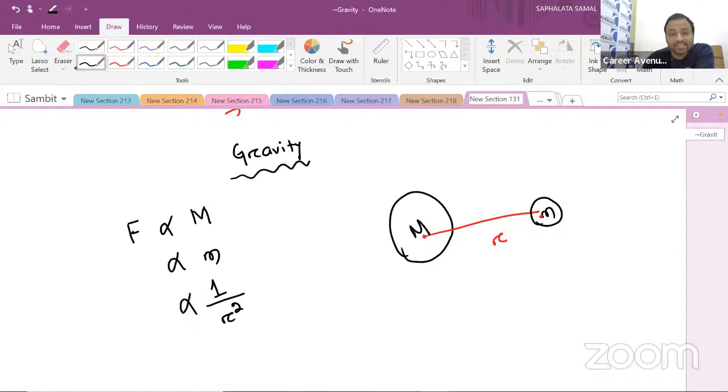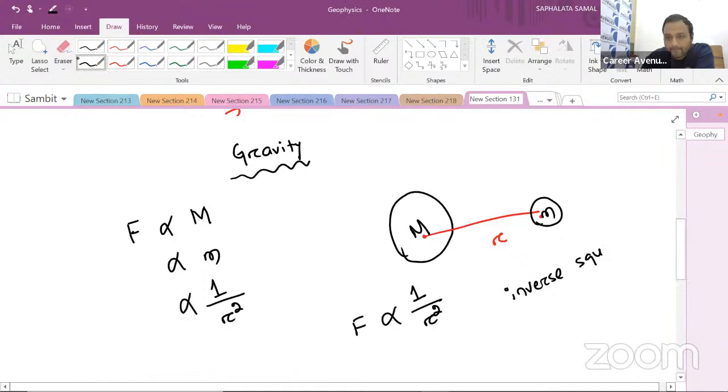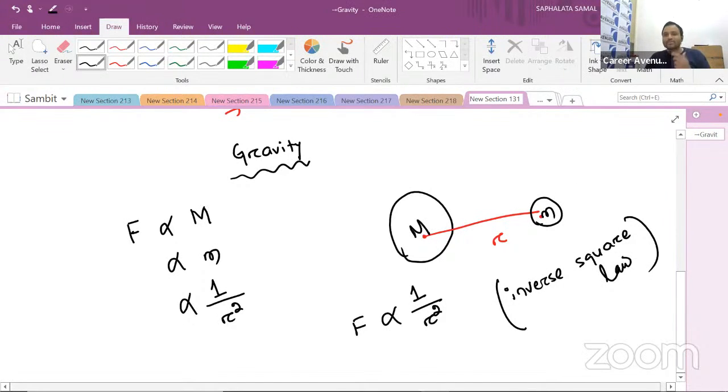Because F is inversely proportional to the square of the distance, Newton's law is also called an inverse square law. It is called an inverse square law because the force is inversely proportional to the distance squared.